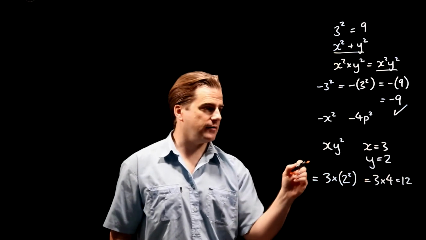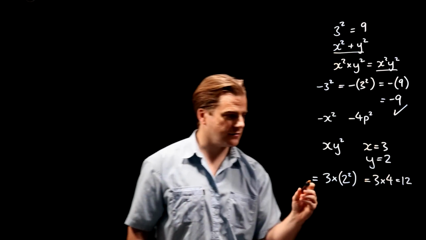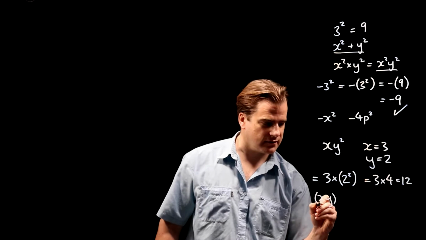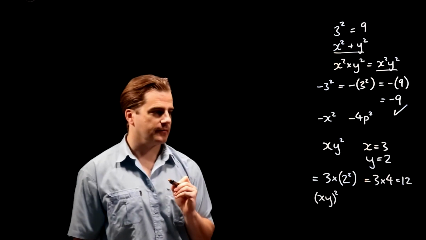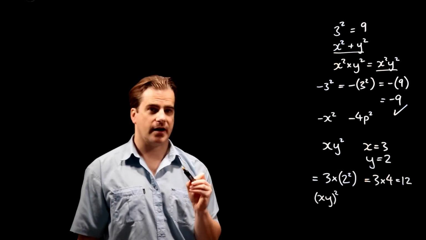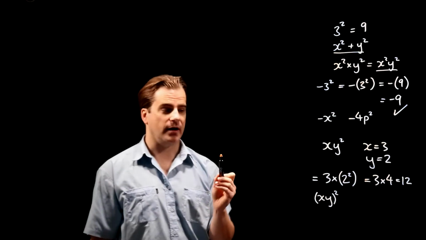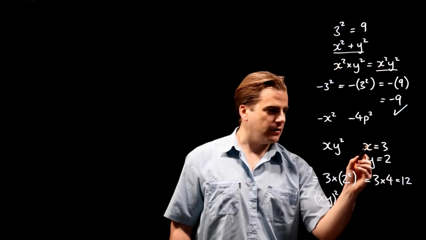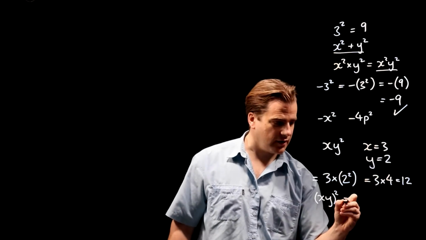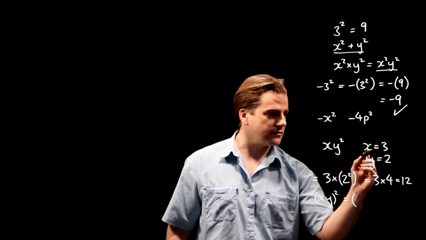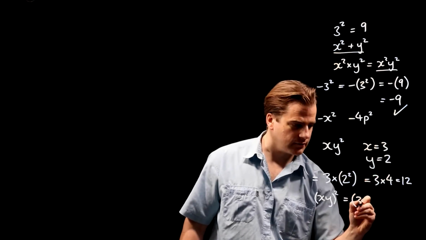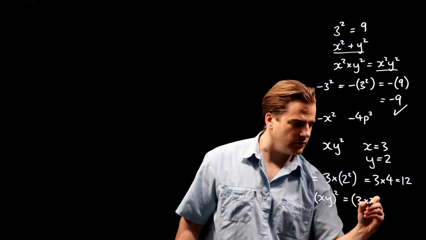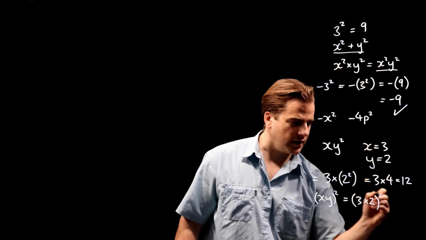Okay. So that is different. Let's say the x and the y were in brackets. Okay? Let's say we had xy brackets, the whole thing squared, right? Let's work that out and you'll see it won't be 12 to prove that these two things are different. If x is 3 and y is 2, that becomes 3 times 2, all squared, okay?